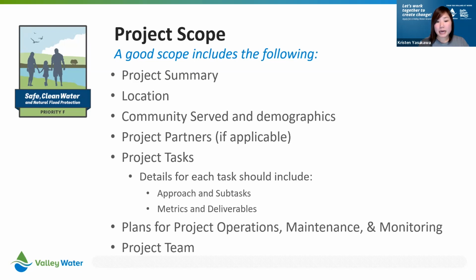Some past applicants have actually just copied the project criteria from the project type that they're applying for, and then written a specific explanation next to each one to be very explicit. That's not required, but if you choose to do that, you can. But the project scope is going to be really the meat of the application itself. So again, like we were just chatting with Marty, more information is better than not enough.